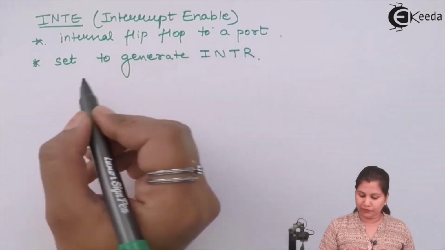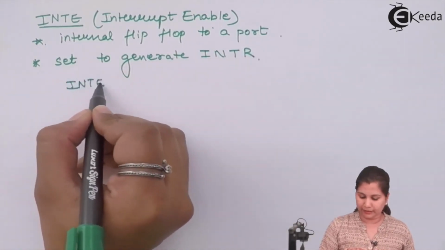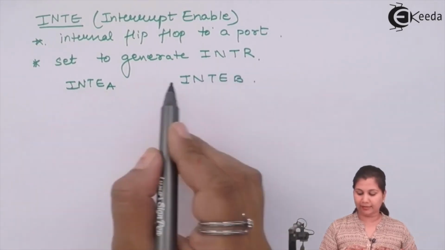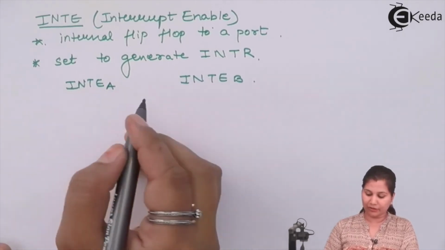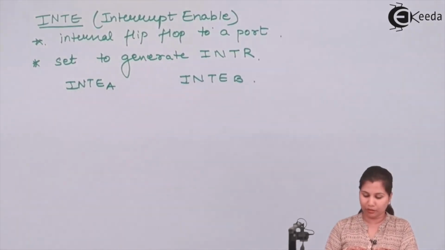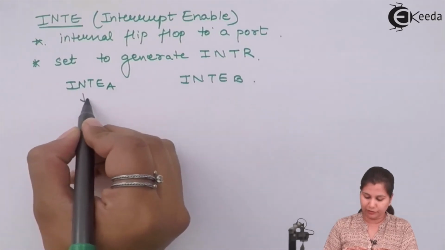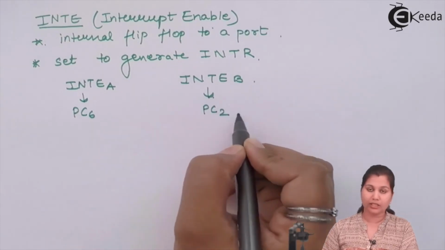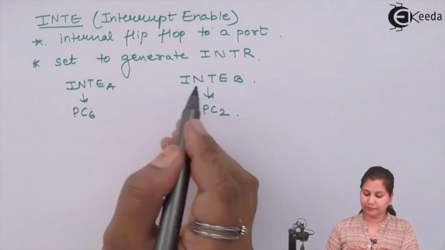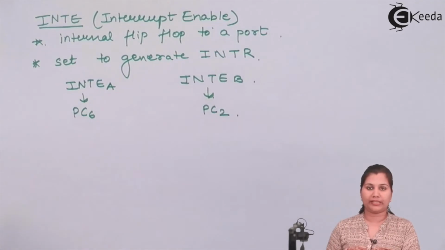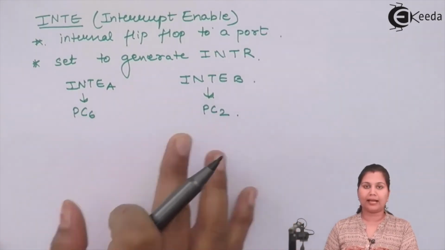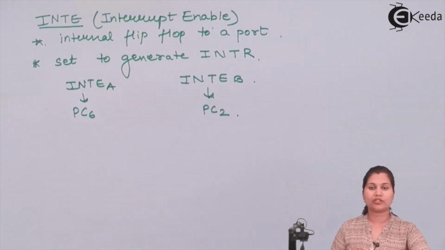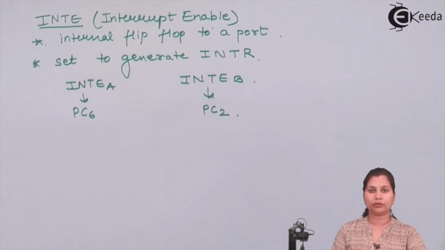So for each of the ports we will have INTE A and INTE B. And these signals are set and reset again by using the BSR mode. For INTE A here we will use the PC6 line, and for INTE B we will use PC2. So these flip-flops are set or reset by using these pins and the BSR mode. So these were the handshake signals which are used in the mode 1 output operation.